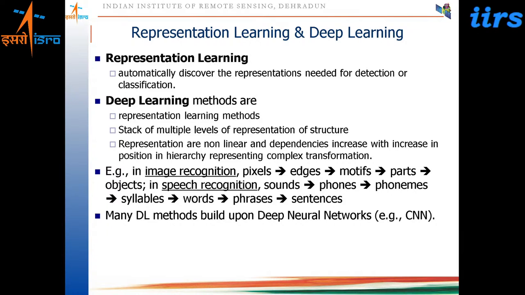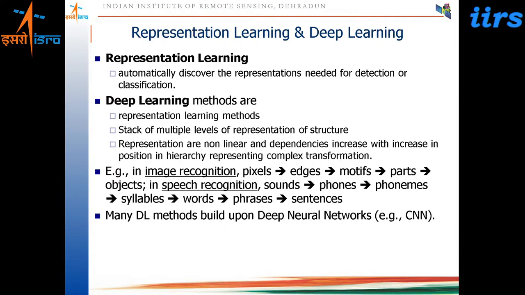So all of these deep learning methods basically try to build a hierarchical structure, going from lower level information to higher level information in CNN architectures. Deep learning is the method which helps you do that.